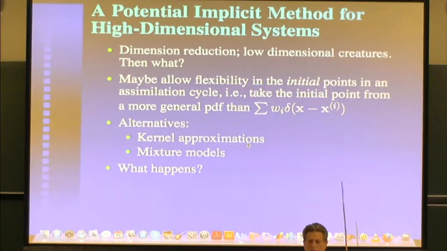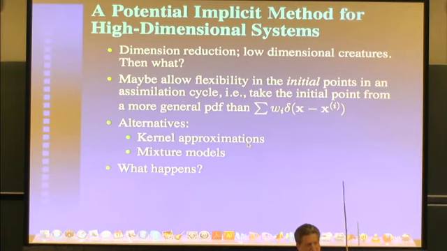So remember how this works. I start at the beginning of the assimilation cycle with a collection of particles. I integrate forward for, in this case, 10 or 15 seconds, and I get a bunch of measurements. And you saw what happens, even if I get measurements much more frequently than that.